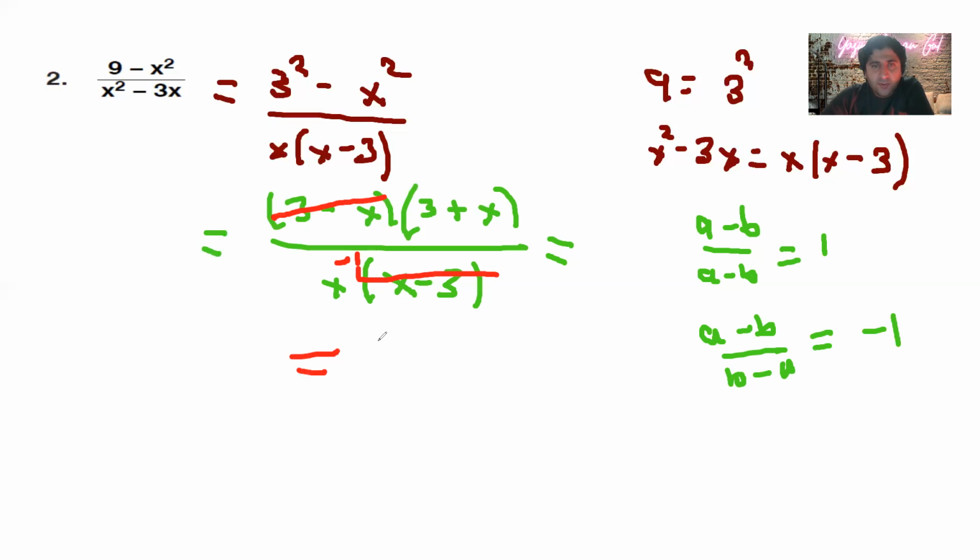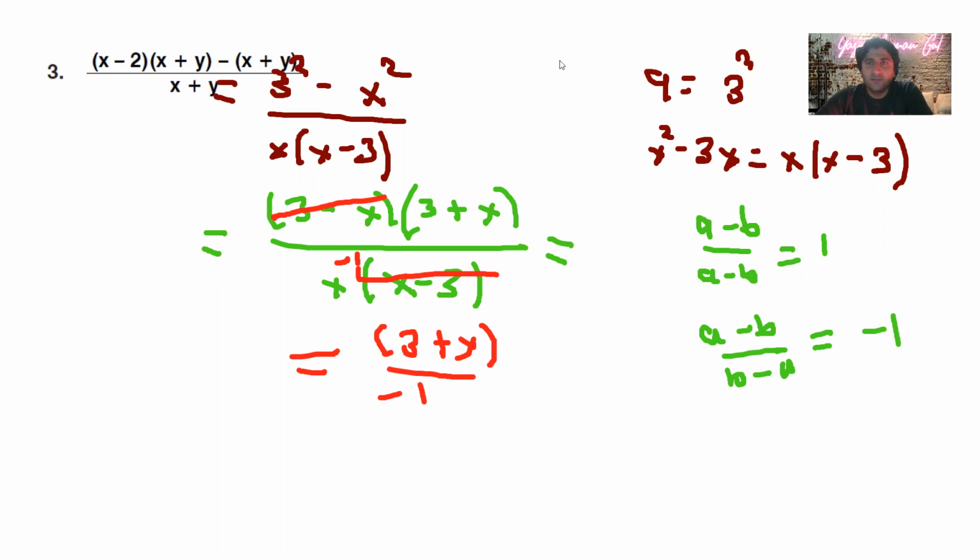So on the top, what is left is 3 plus x divided by negative 1. Or you can say negative (3 plus x) over 1. This negative can be here or can be here. That is the same thing. It doesn't really matter where you put it. Okay, next question.